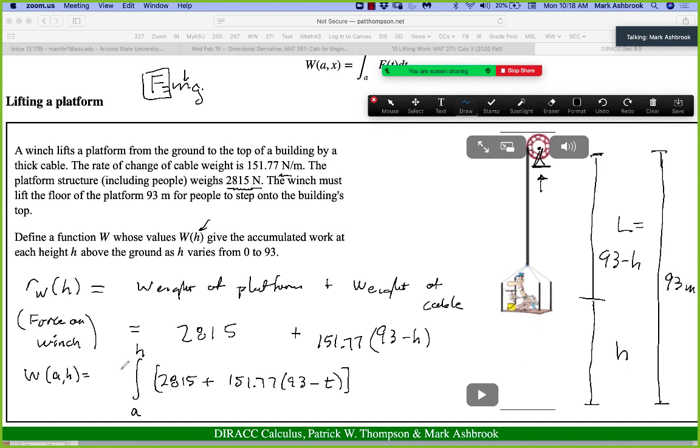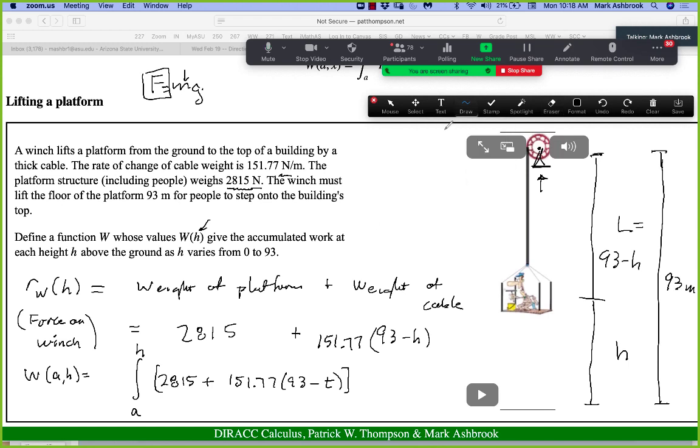And so then this could be from any initial height. No, if we do A comma H, then that's just the net accumulation of work starting from any point A. Okay, and then dt.